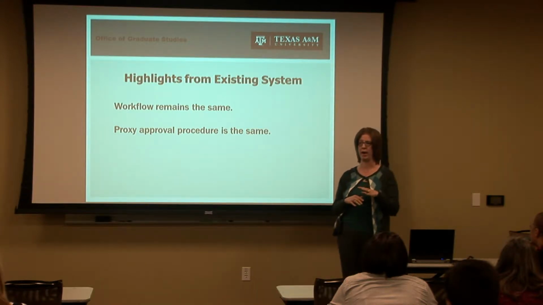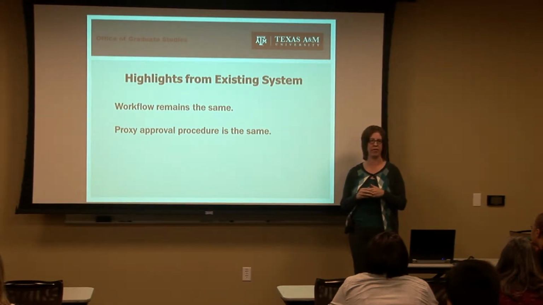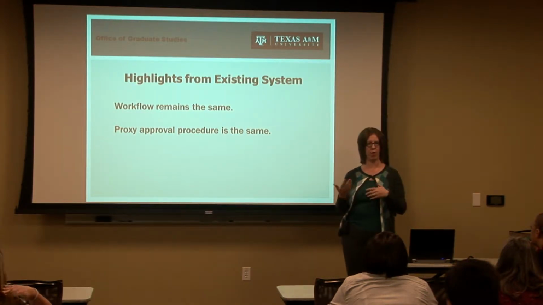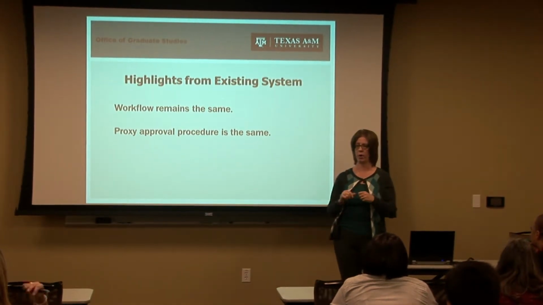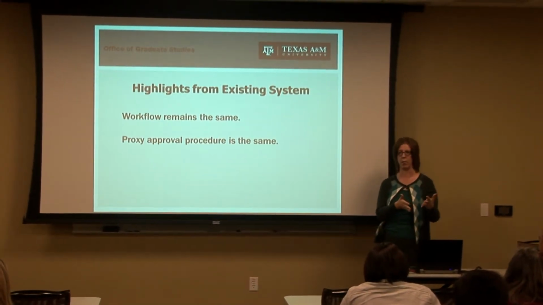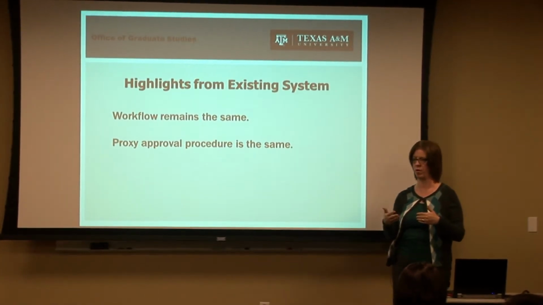At the bottom of the page, there's a place for them to approve, but they have to indicate who they're approving for. It would say that Professor X has approved for Julie Wilson, and then it'll go through the system so that we have a record that the real committee member or the real department approver did not approve it. Someone went in and proxy approved for that person.